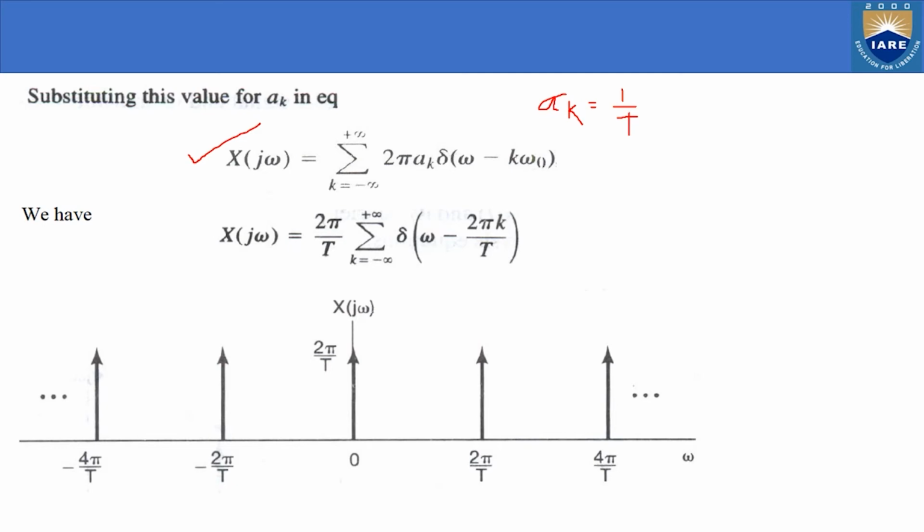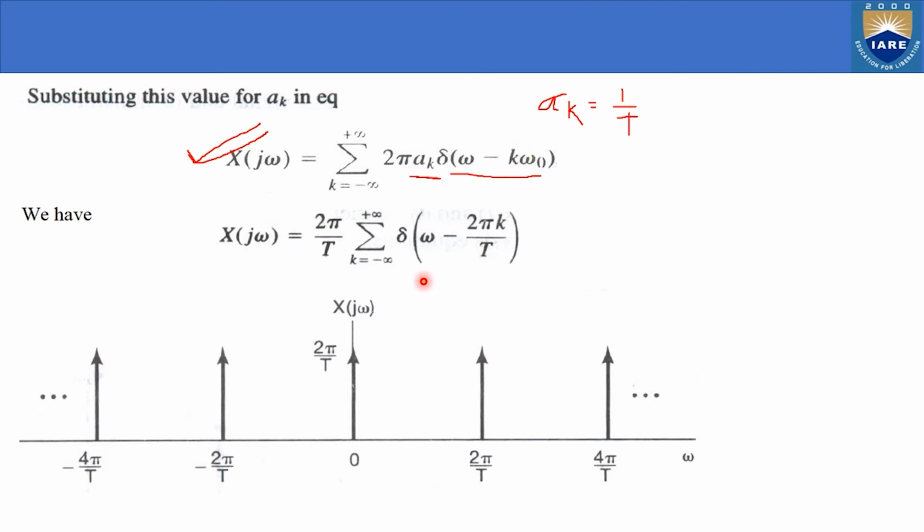What are these amplitudes? The aks. Basically, it is the Fourier transform of a periodic signal. It consists of delta functions at harmonics, and its amplitude is equal to the corresponding Fourier series coefficient. Now ak equal to 1 by T. Substitute it here, I have 2 pi divided by T, and omega naught equal to 2 pi by T in terms of time period.